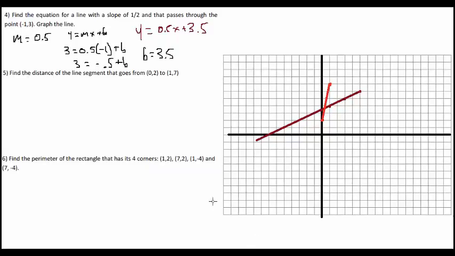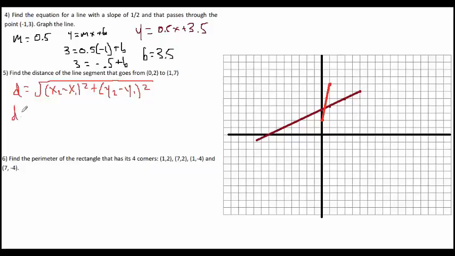If it were flat, you could just count the number of boxes. Unfortunately, you can't do that, and there are two ways to do it, and they're really the same way. The first way, the most algebraic, is applying the distance formula. The distance formula is the square root of the difference in x squared plus the difference in y squared. y2 minus y1 is the same thing as the difference in y.